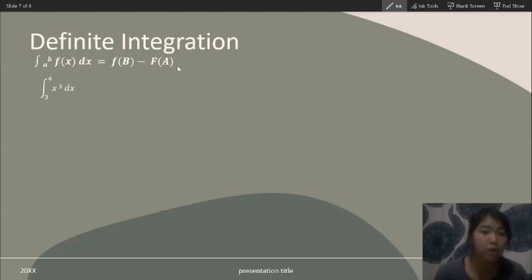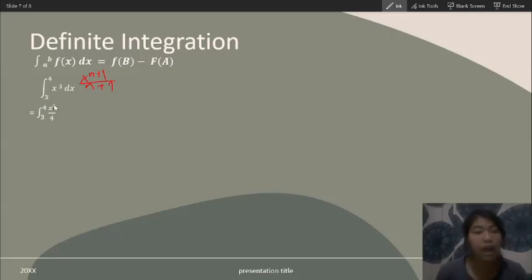So in order for us to integrate this, we have to follow the formula of x raised to n plus 1 over n plus 1. When we follow this formula, we'll get the answer of x raised to 4 over 4. Since n is equal to 3 and you have to add 1 to it, it will be equal to 4. And since underneath the division bar is the same thing, that's the reason why 4 is underneath it.